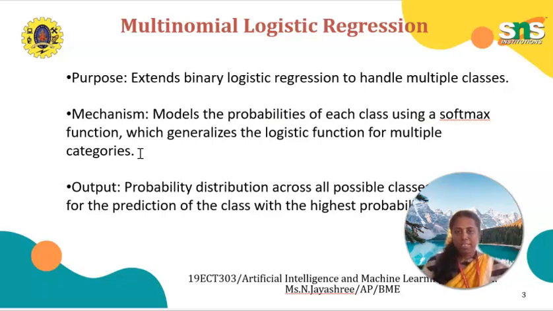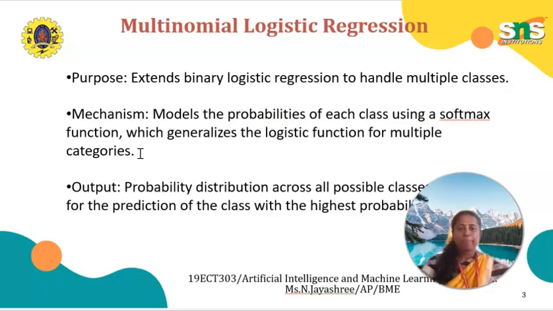It models the probability of each class using the softmax function, which generalizes the logistic function for multiple categories. This is the mechanism used in machine learning. As the name itself suggests, it has multiple classes, right? The output is a probability distribution across all possible classes, allowing for the prediction of the class which has the highest probability.